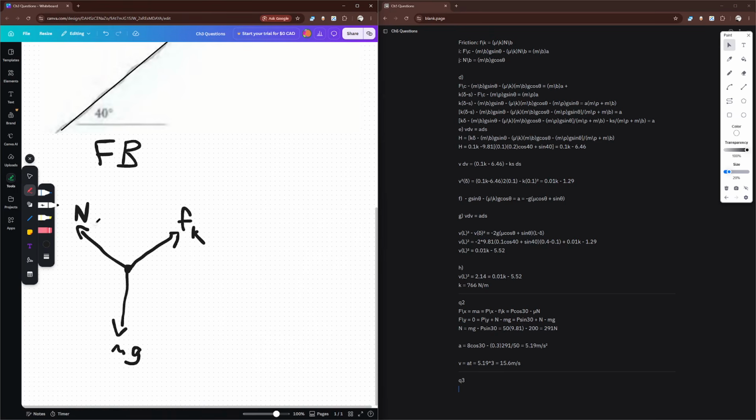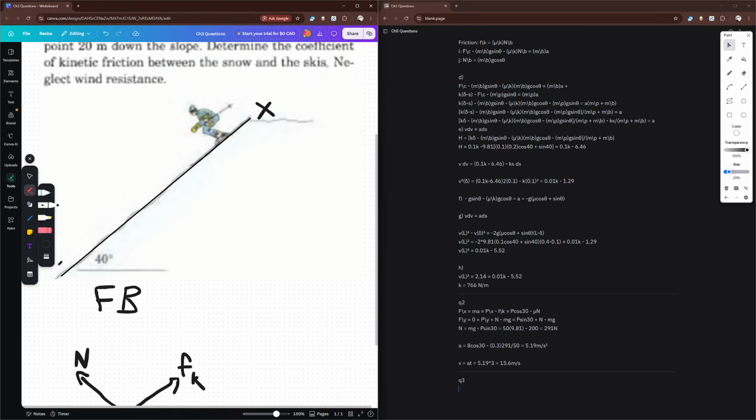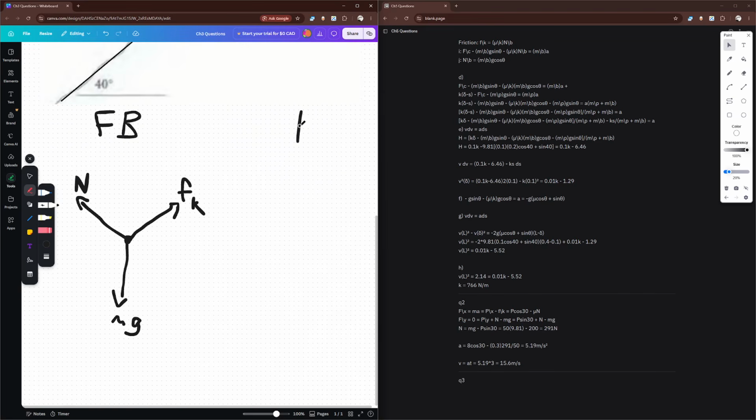Now you might be thinking, isn't there the force of him moving this way? No, that's accounted for in the kinetic diagram. Because remember, F equals ma. Well, let's look at our kinetic diagram. Wow. ma. Wonderful. Anyways, let's do our force analysis.